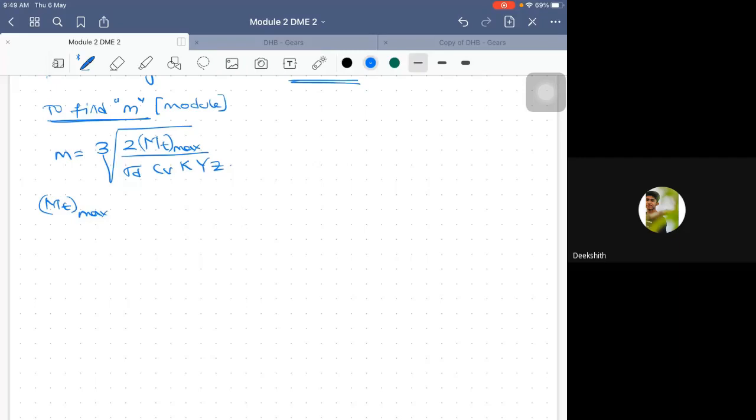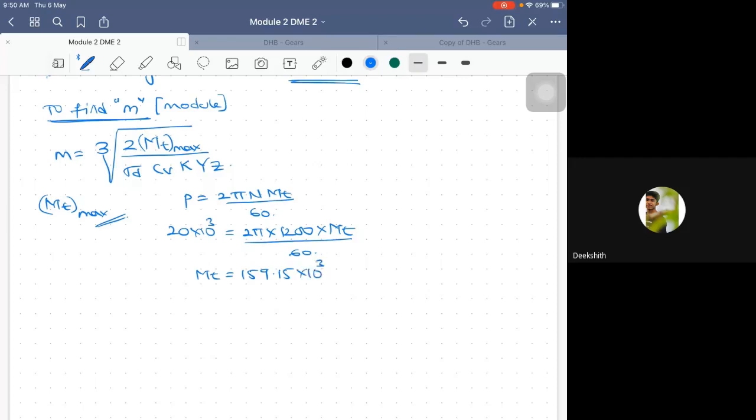For that, you have to calculate Mt first. It is 2 pi N Mt divided by 60. So that is 20 kilowatt, in the sense 20 into 10 to the power of 3, equals 2 pi cross 1200, which is the speed of the pinion, Mt divided by 60. So your value of Mt is 159.15 cross 10 to the power of 3 Newton mm. Just check the value whether it is right.